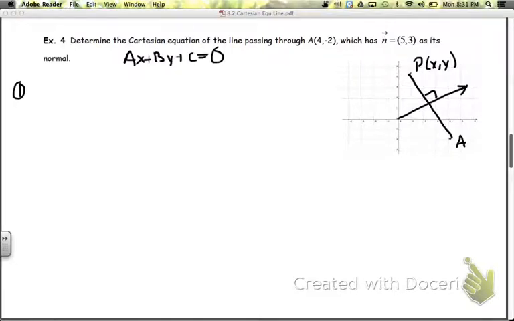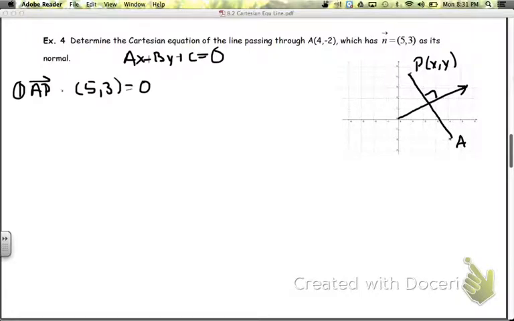So our first step is to think about when they're normals and passing through certain points. Remember that when they are perpendicular, the dot product between the two would be equal to 0.